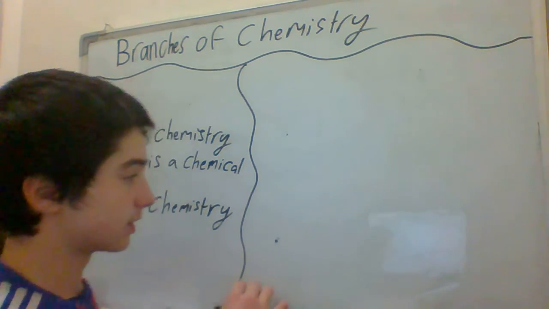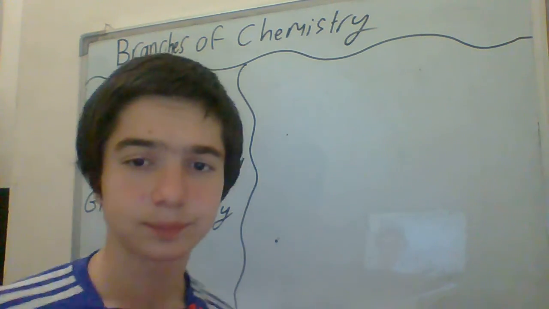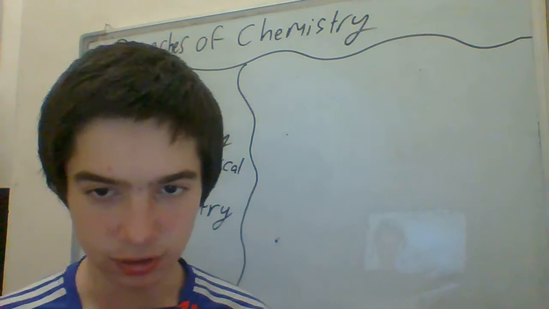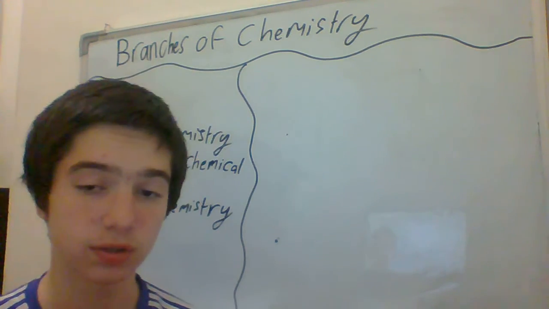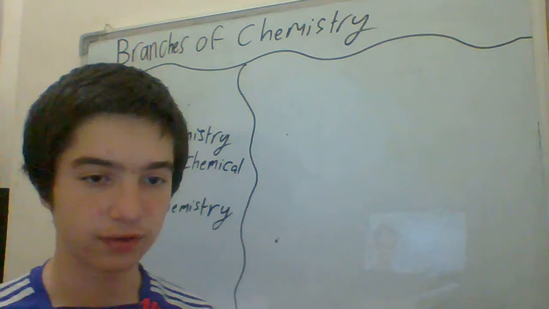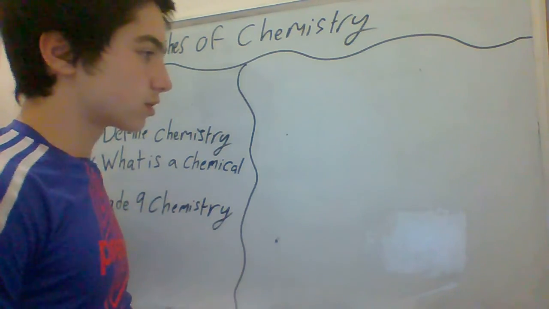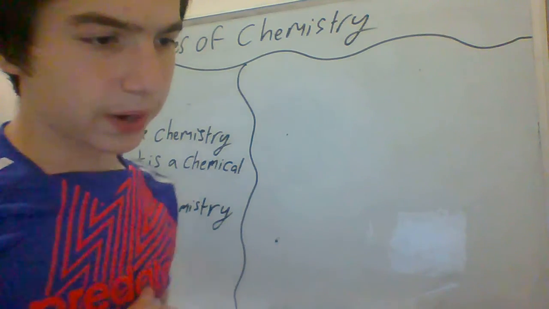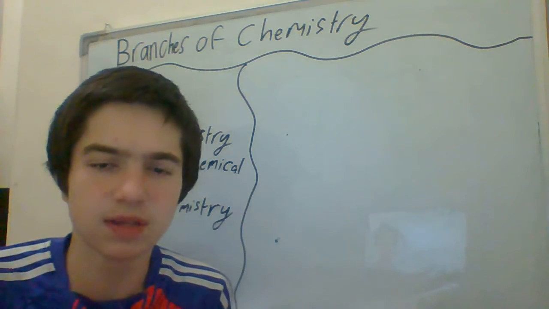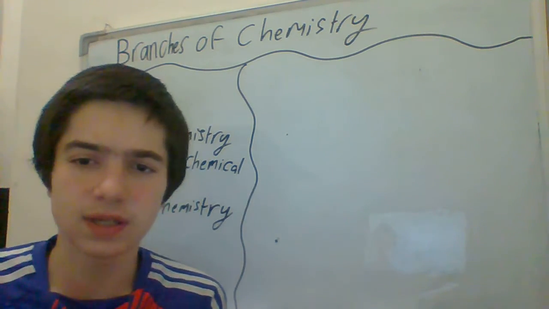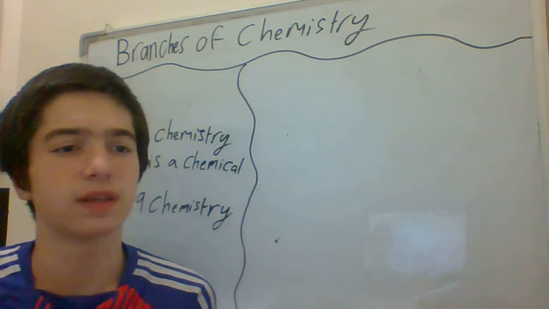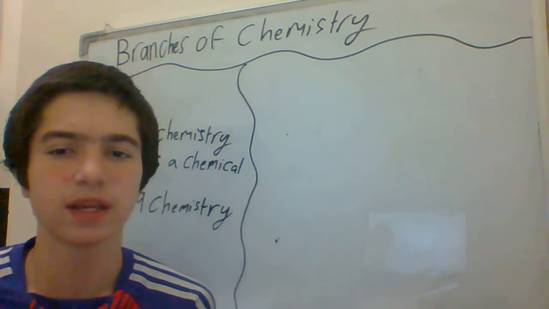The 6th and last one is what you should learn as a 9th grader. Usually they tell you to only memorize those 6, but there are others that I will explain in other videos. So what is biochemistry? Biochemistry is simply the study of the chemical processes that are happening in a living thing.